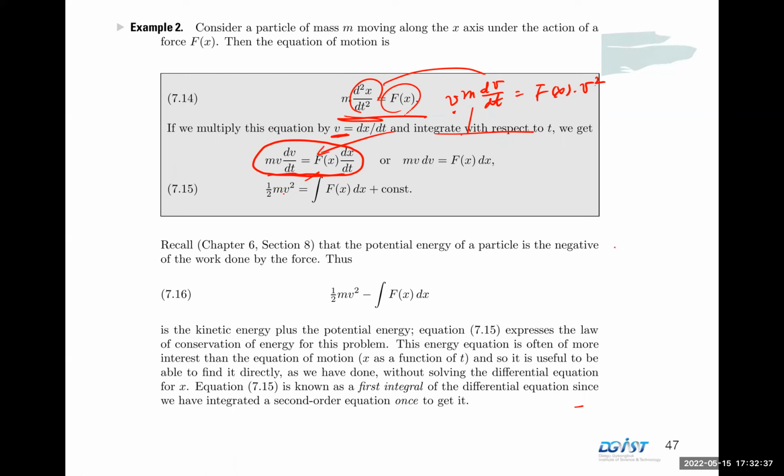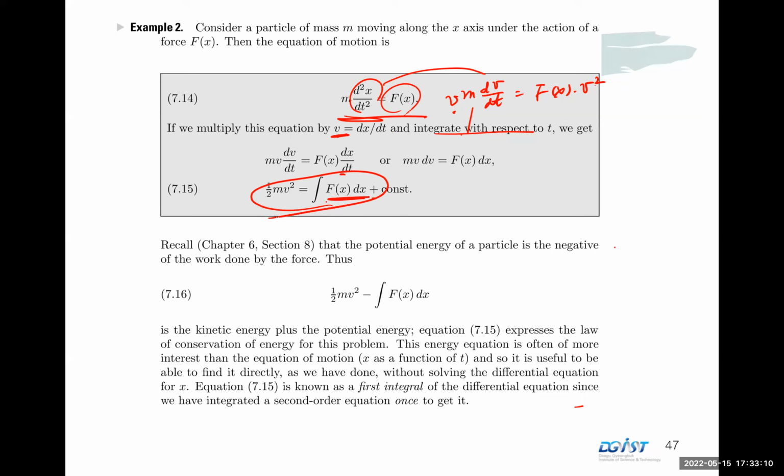If you take the integral, this is half m v square, and this is F dx. What's the meaning of this equation? As you know, the left-hand side is the kinetic energy, and F dx is the corresponding work done by force F.